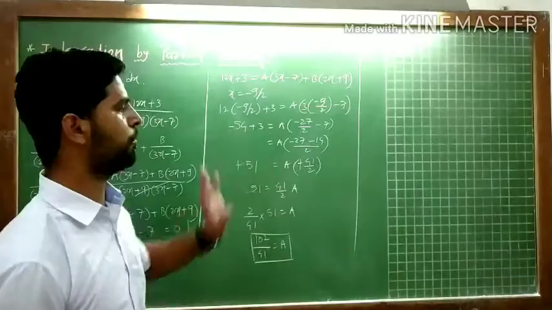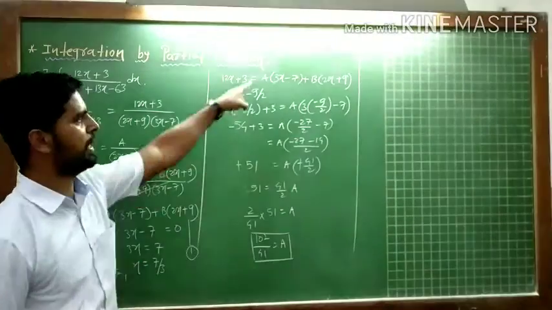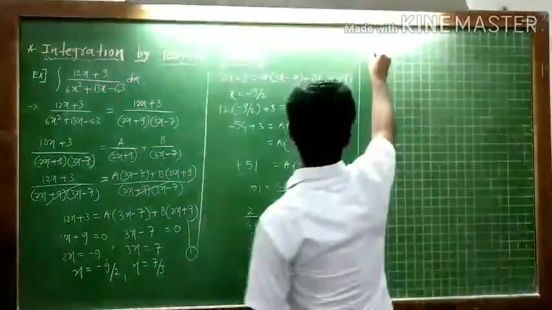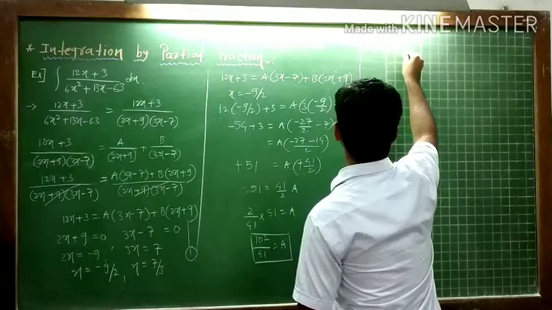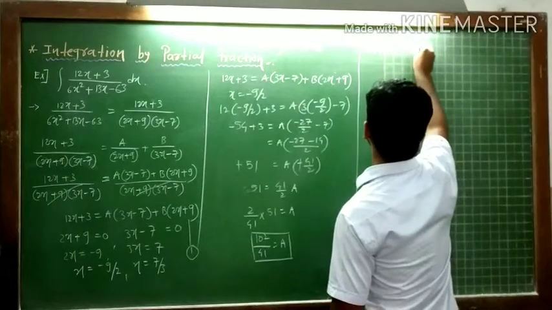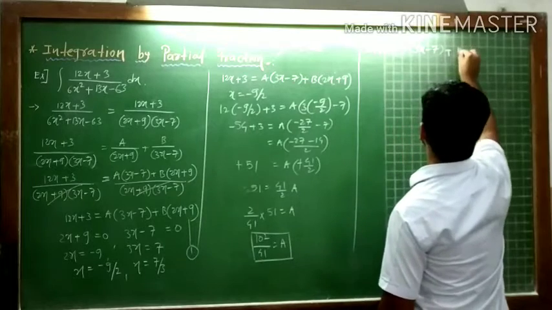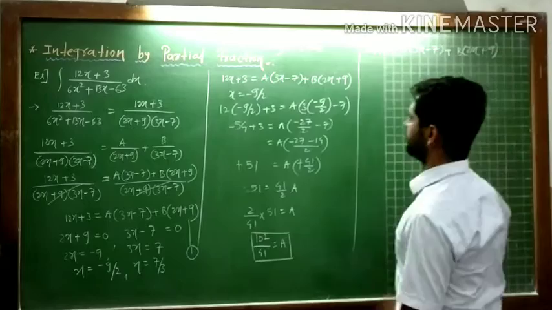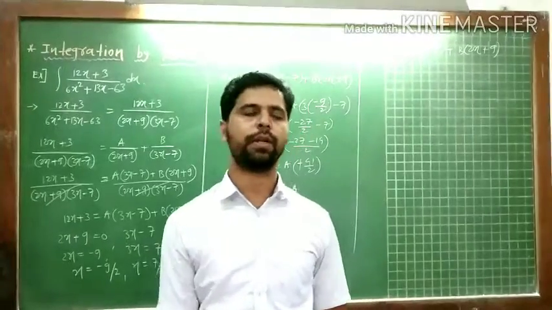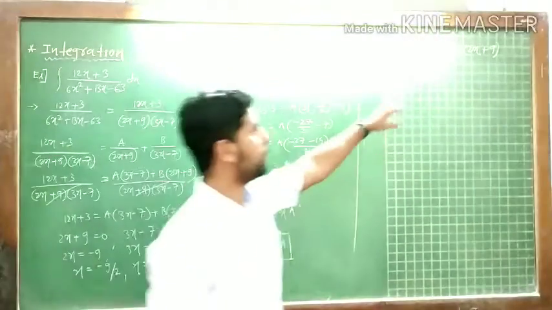Now similarly we have to find the value of B by substituting x equal to 7 by 3 in that equation. I'll write that equation again: 12x + 3 is equal to A into (3x − 7) plus B into (2x + 9). Now I'll put x equal to 7 by 3 in the second term, because if I put it in the first term, I'll get 0.